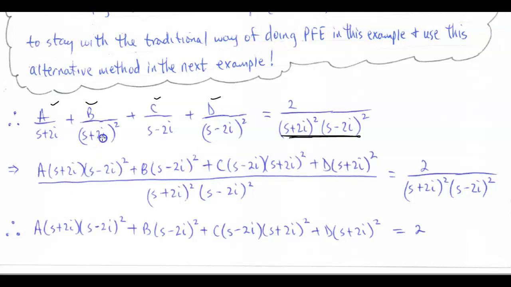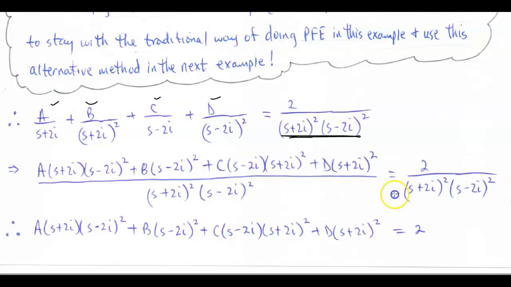For B, it's just missing the s minus 2i quantity squared, so I'll put that in the numerator. The third term is missing s minus 2i as well as s plus 2i squared, so we put that in the numerator. And D is just missing s plus 2i squared, so we put that in the numerator. All that divided by s plus 2i squared times s minus 2i squared equals this.